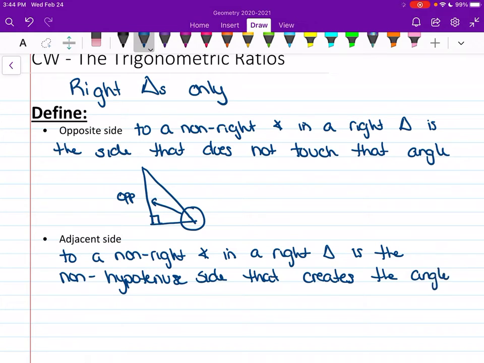All right, so if I still had that same picture, and I'm still interested in this angle here, the adjacent side is going to be this side right here, right? Because it's the side that helps create that angle that is not the hypotenuse.